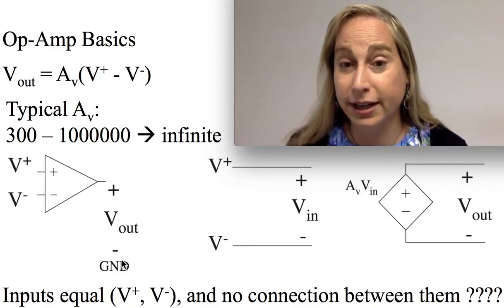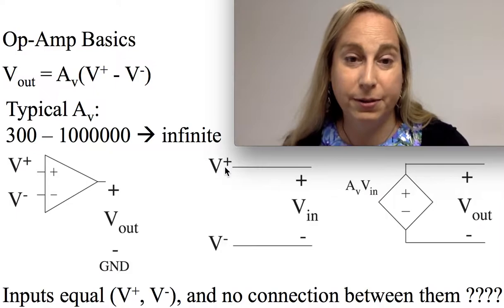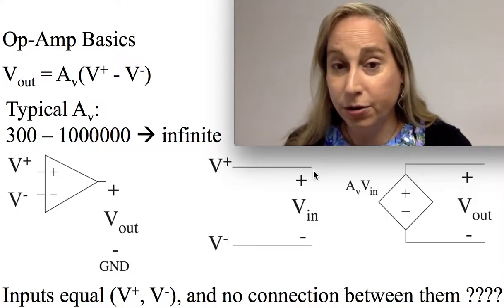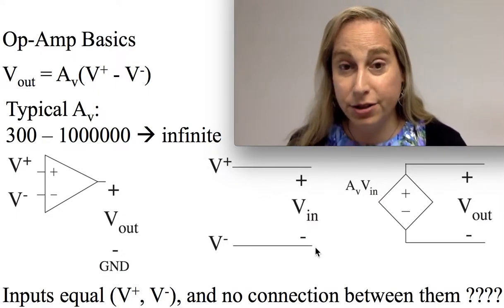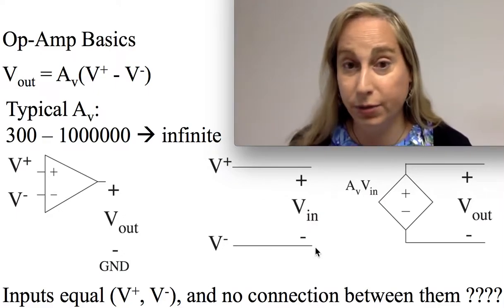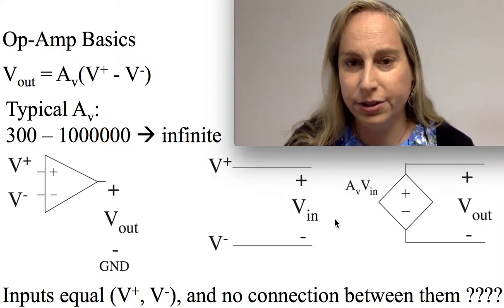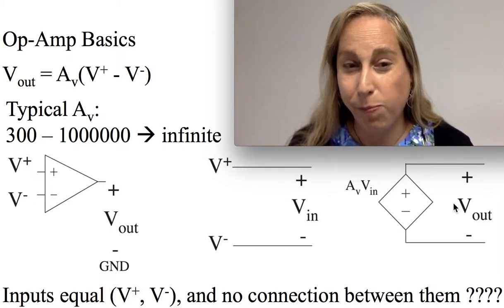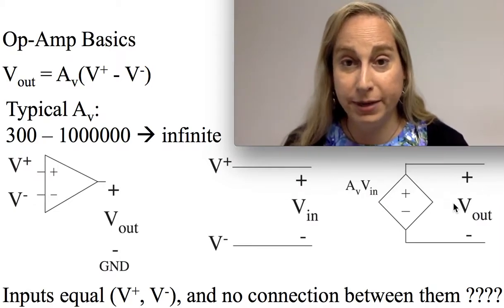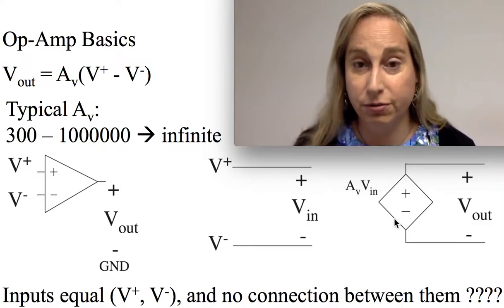As a circuit model element, you have V plus and V minus, with no current getting pulled between those two terminals, so it doesn't have any loading whatsoever. Based on the difference of that voltage, I gain up that voltage, and it sits at the output. It certainly gives a justification for why we talk about a voltage-controlled voltage source.